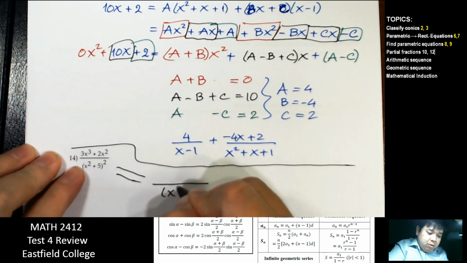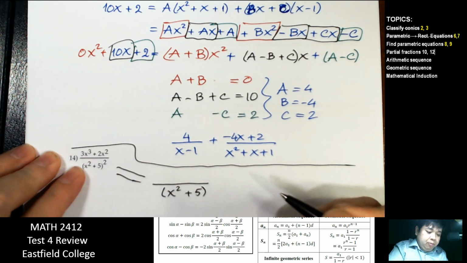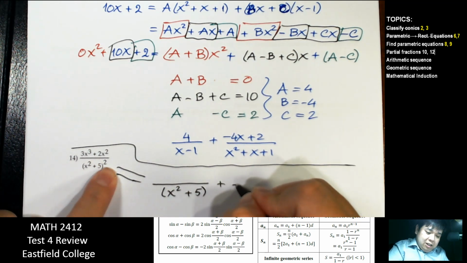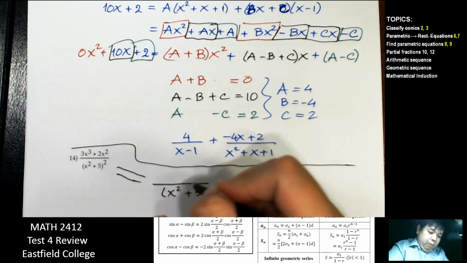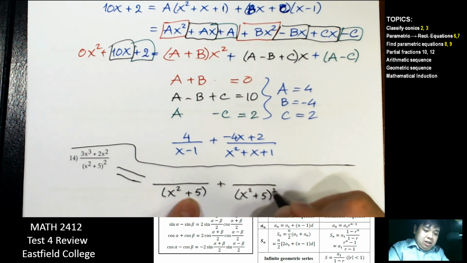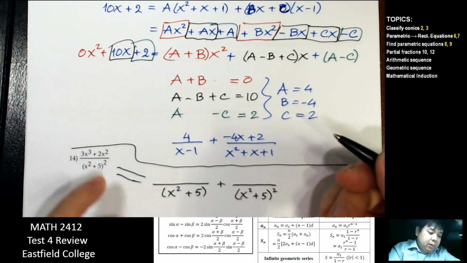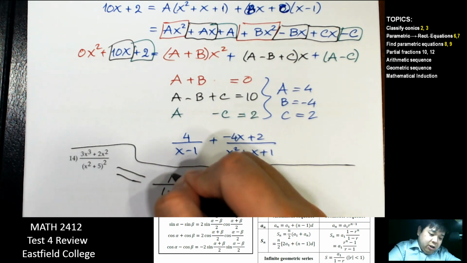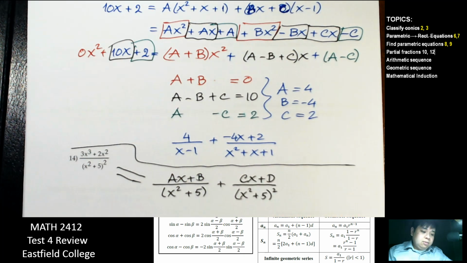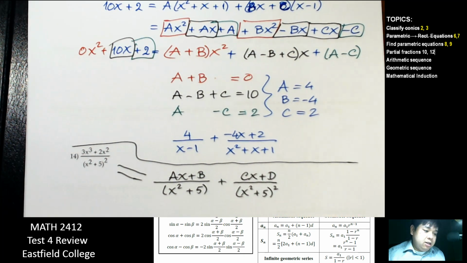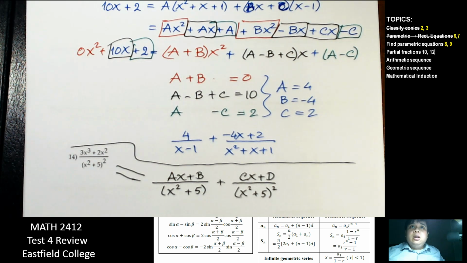We have the x squared plus 5, but repeated, since this is a square, so we have two of them. One with the first, one with the second, because we only have two of them. On the top, we just put ax plus b, and then this has to be a different coefficient. So we have that. Right, so that is partial fractions.